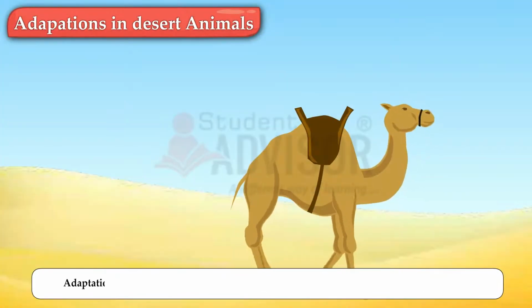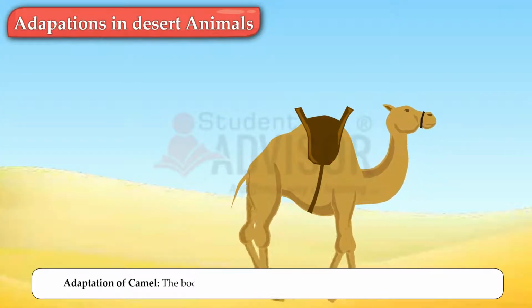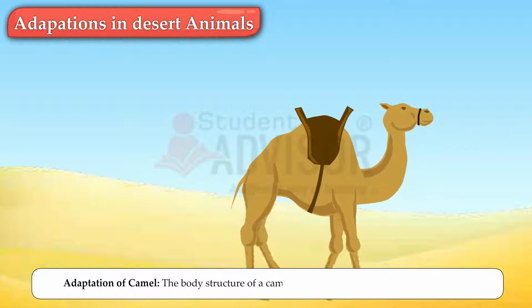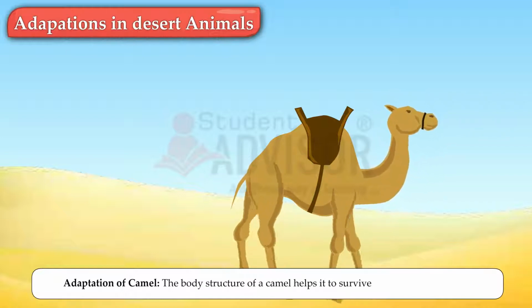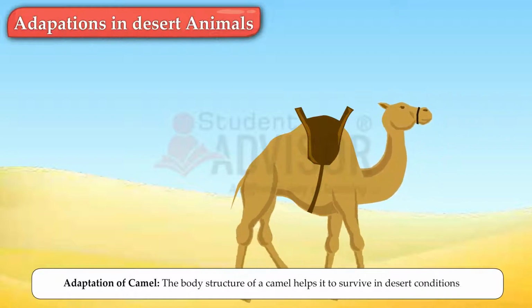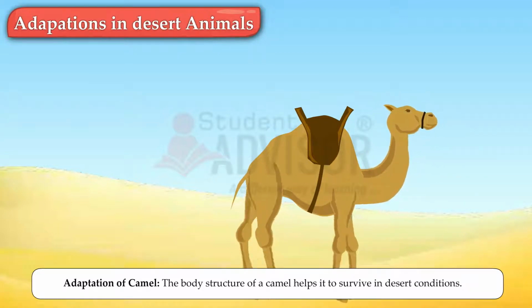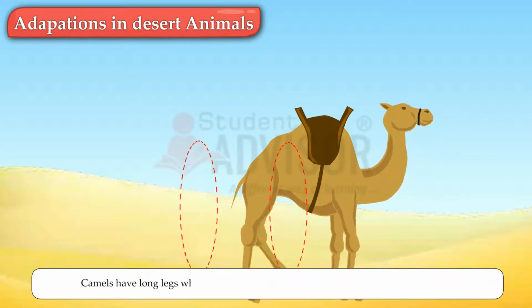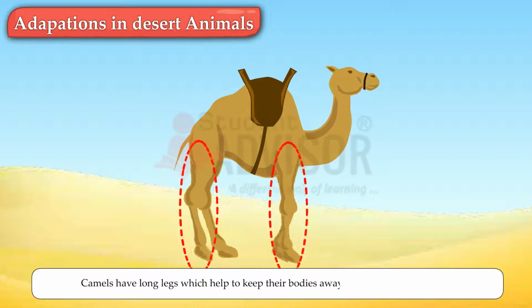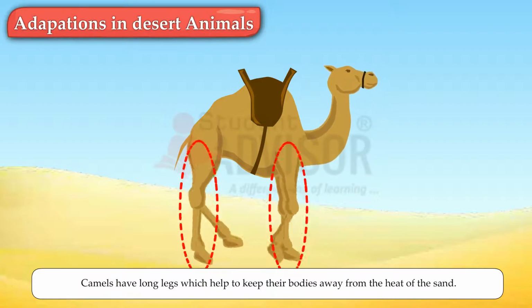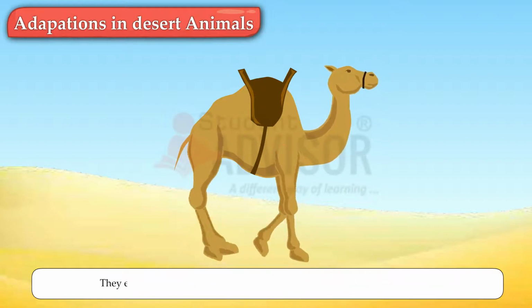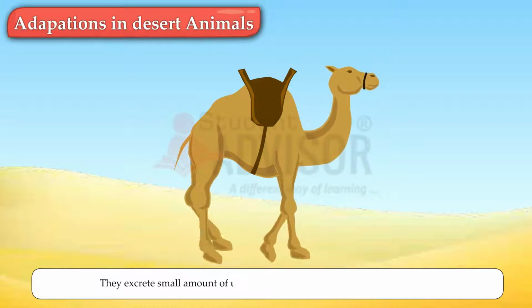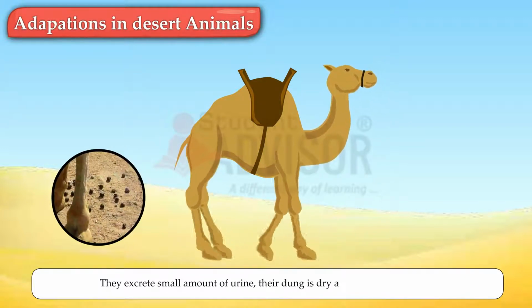Adaptation in camel. The body structure of a camel helps it to survive in desert conditions. Camels have long legs which help to keep their bodies away from the heat of the sand. They excrete a small amount of urine. Their dung is dry and they do not sweat.